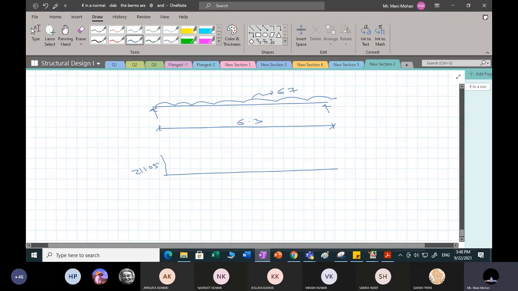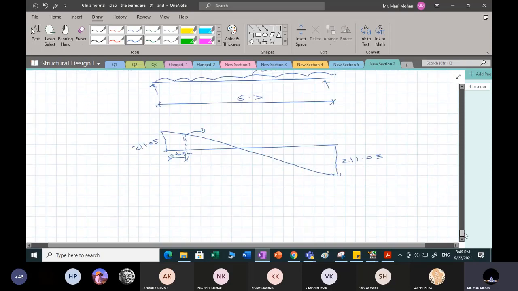So at support, you'll be having the shear force equal to the reaction, and it reduces, it will come down, and here again your shear force diagram will go downward. It is going to be 211.05. So what you can see is that at a distance of 0.69 meter, you know this is the shear force you are going to design for. So this is how much? 164.82.